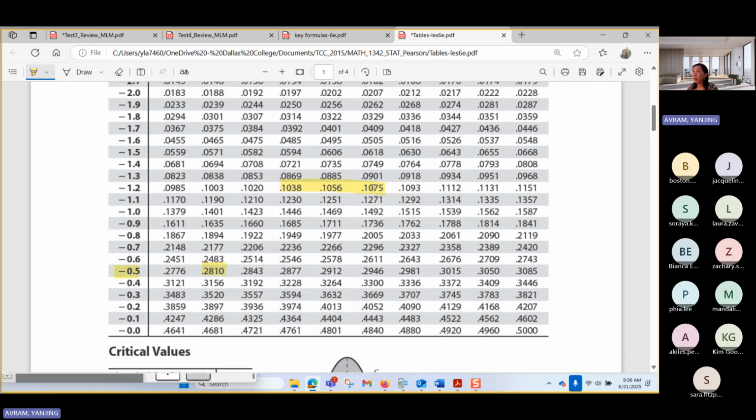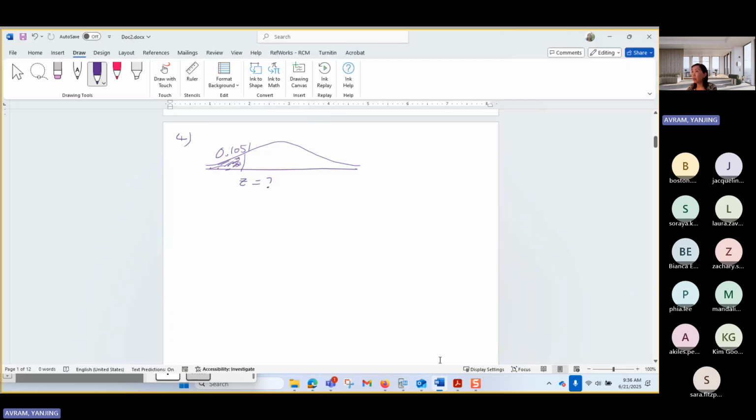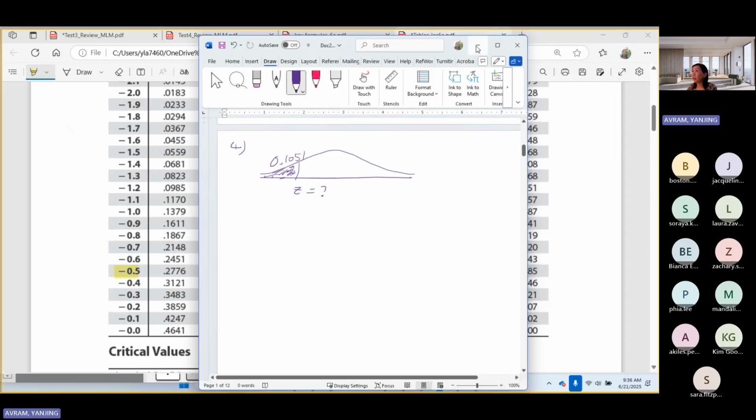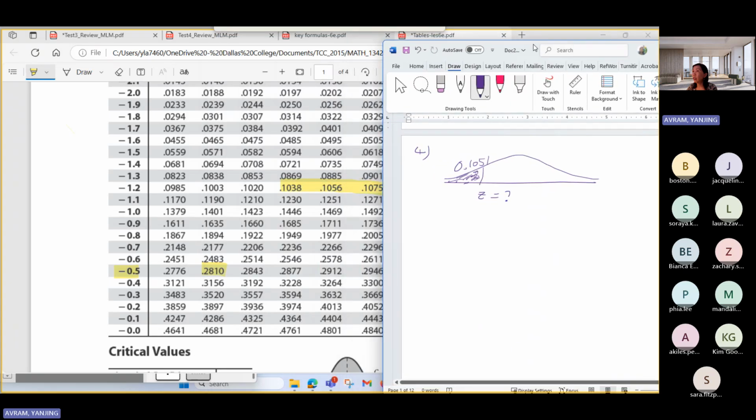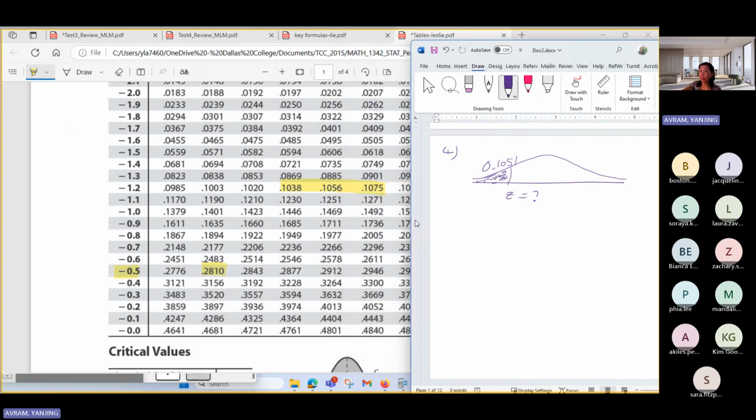If you take the absolute value for this one right here, it's also much more different. So let me show you what I mean by taking an absolute value, with a little bit of manual calculation. Okay, 0.1051 minus 0.1056, the difference here is only 0.0005.